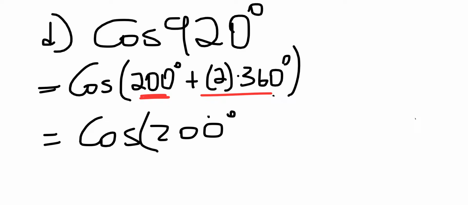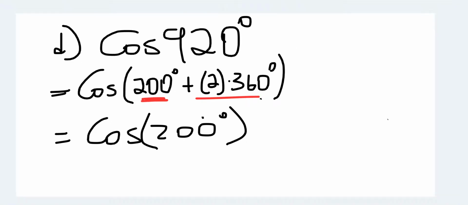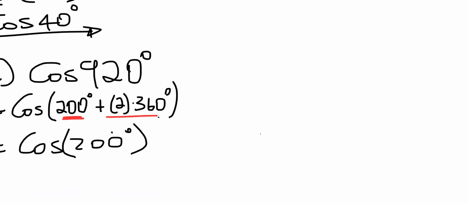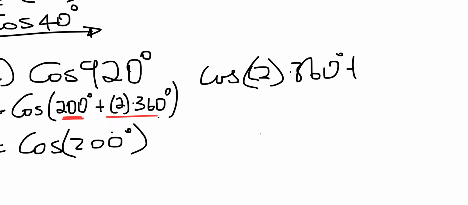It doesn't matter even if you put it inside the bracket. So whichever way, whether it was written as cos of 2 of 360 degrees plus that 200, you can just interpret it as saying whatever 360 plus, and then 360 plus.